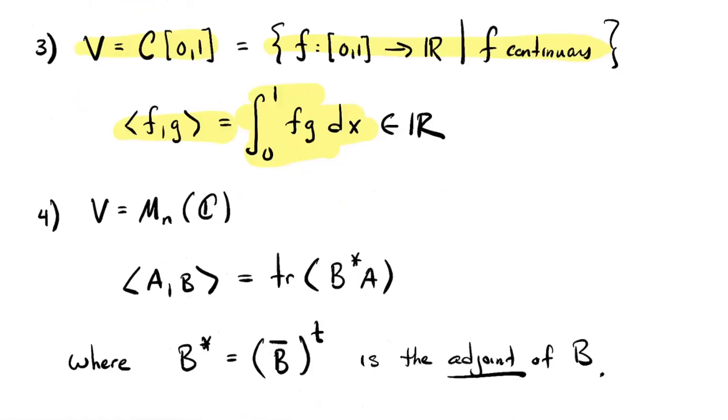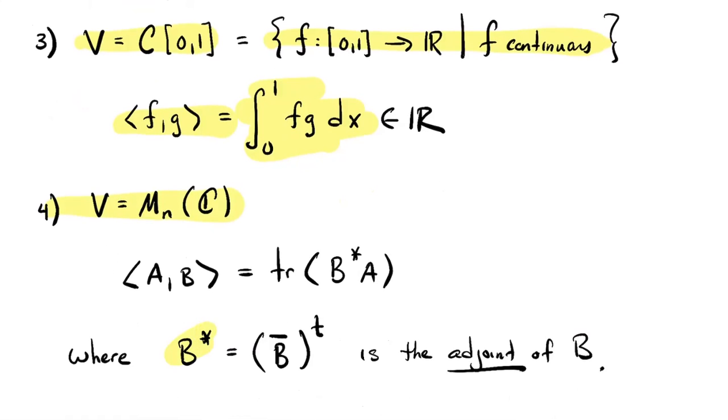Fourth and final example for this conversation: the square matrices over the complex numbers. Before I talk about the inner product, if you give me a complex matrix B, by its adjoint I mean the transpose of its conjugate. How do I conjugate a matrix? I conjugate every entry.